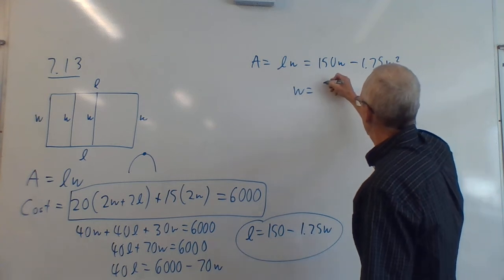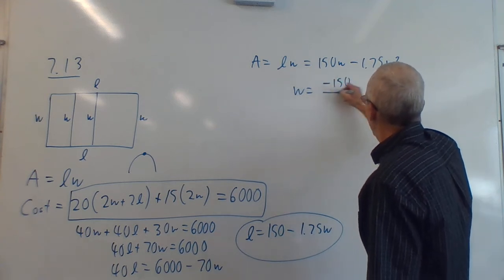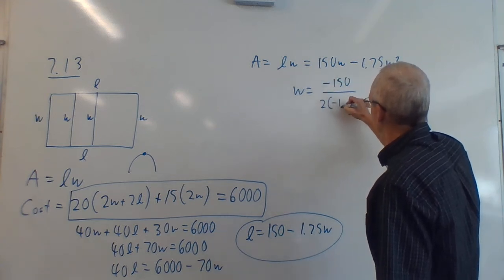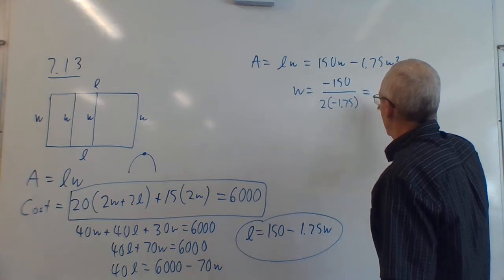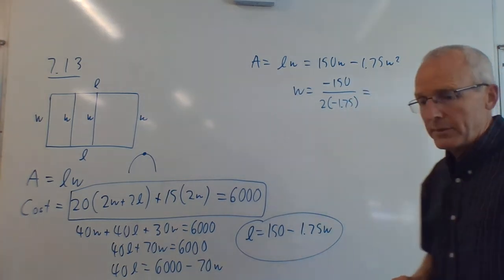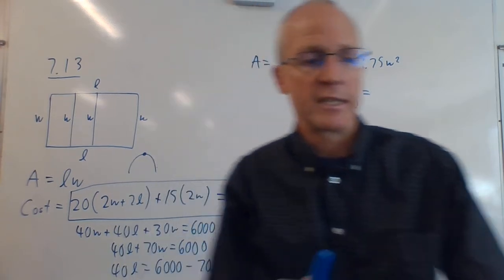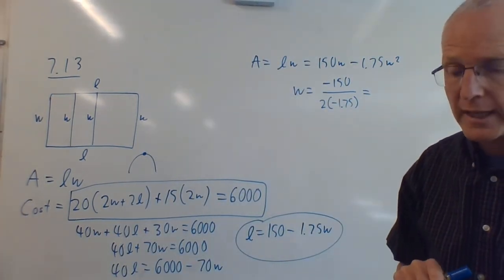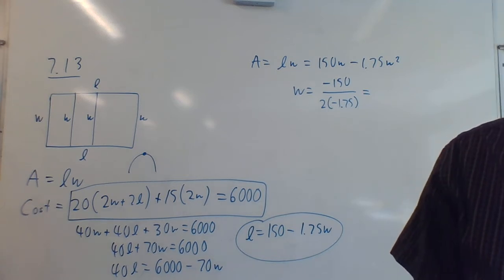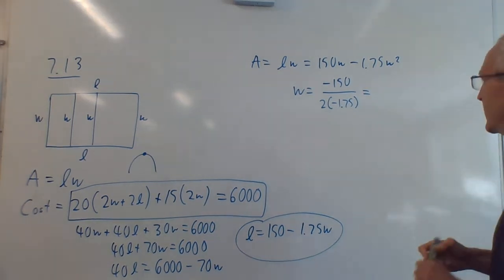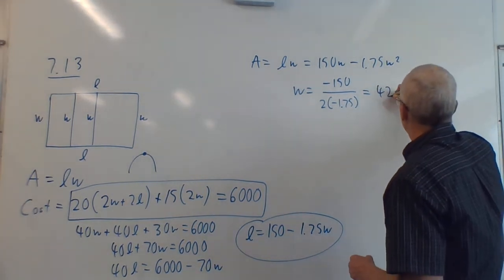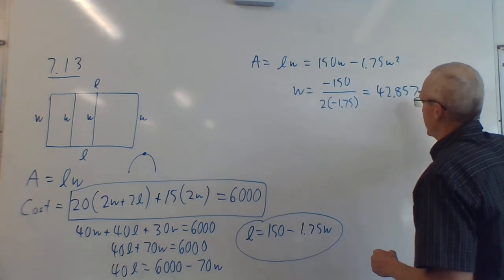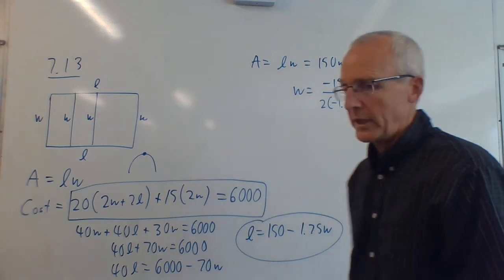So negative 150 divided by 2A, 2 times negative 1.75. That's 150 divided by 3.5, which I don't think is very beautiful. Divided by 3.5 is horrible, 42.857. That's what the width should be.